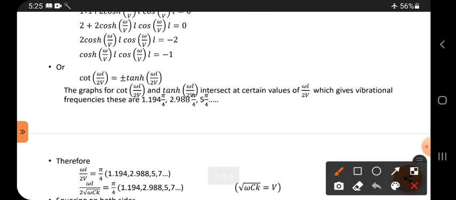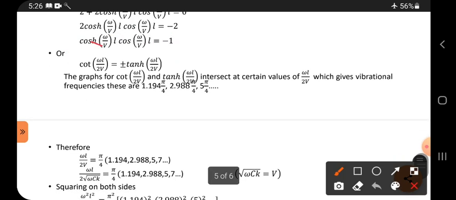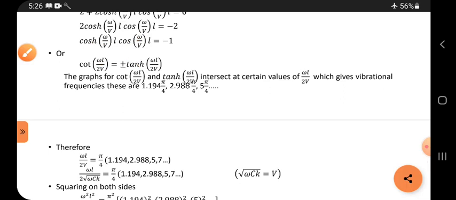This is called the transcendental form, meaning it is in cot, cos or sine form. And see here, from this we can get it in tan and cot form, like this only: cos for hyperbolic, normal for normal.